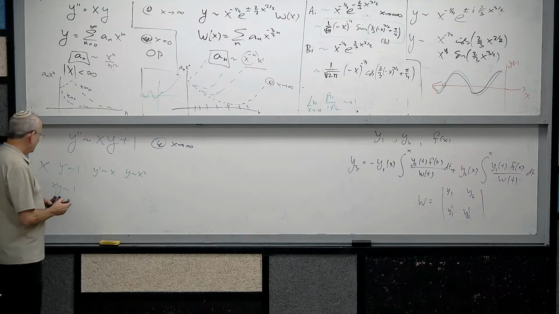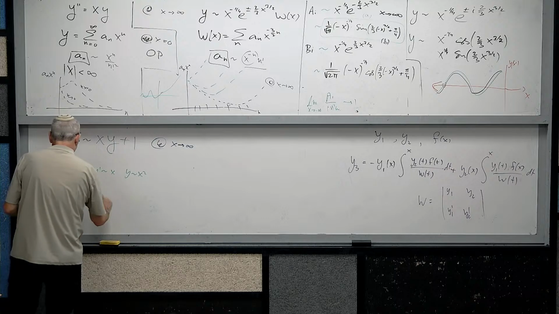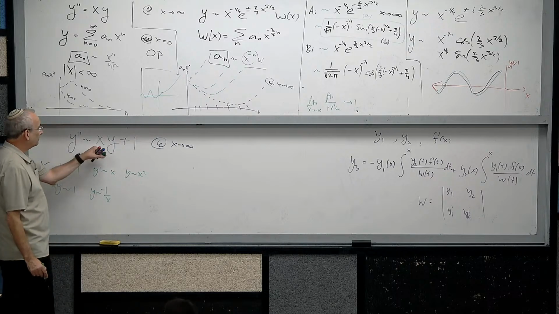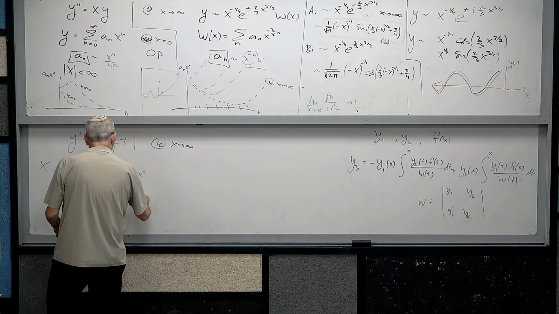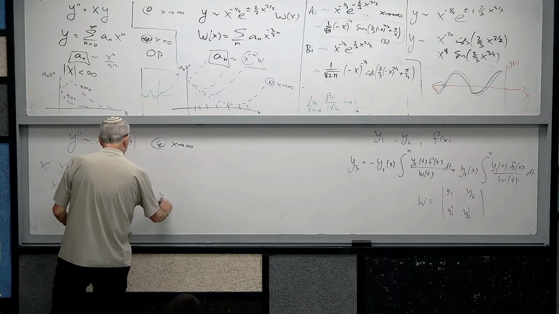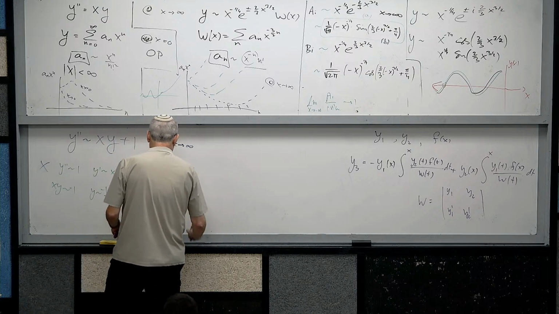So the only other choice is that, which implies that y is going like 1 over x, actually, because y is going like minus 1 over x, so y prime is going like 1 over x squared, so y double prime is going like minus 1 over x cubed, too.